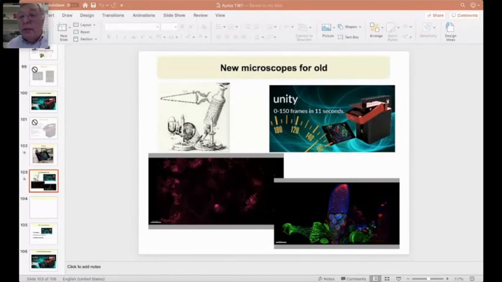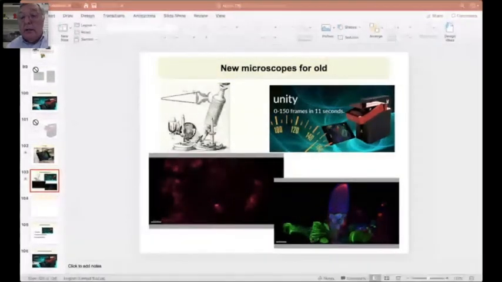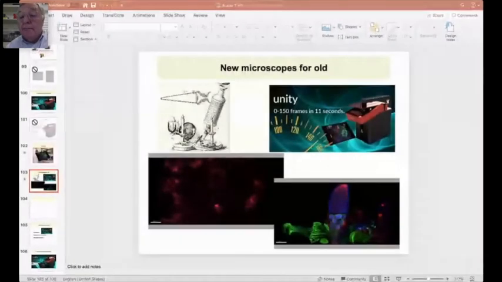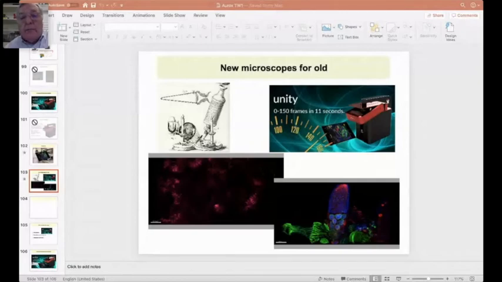Yes, I actually had a lecture on this. I have nothing but the highest regard for Petran and Hadravsky. Actually, what Petran did was really quite remarkable. When he first built his microscope, the question is, what did he use for a light source?